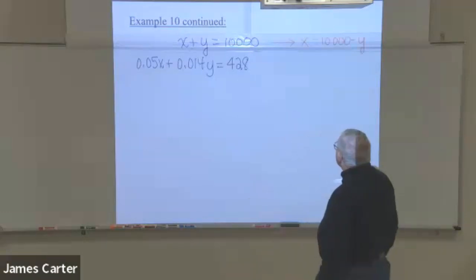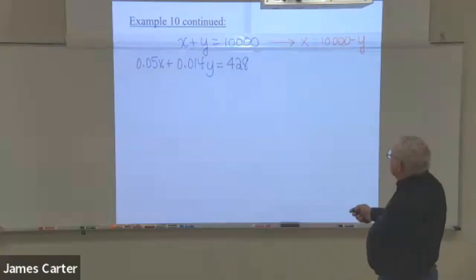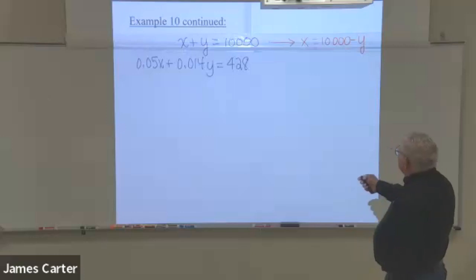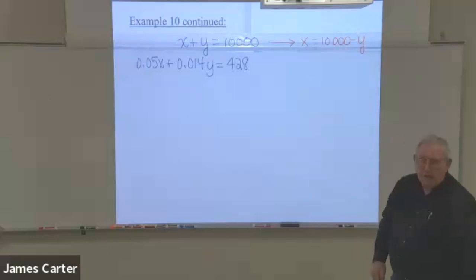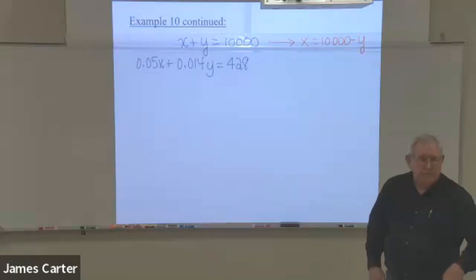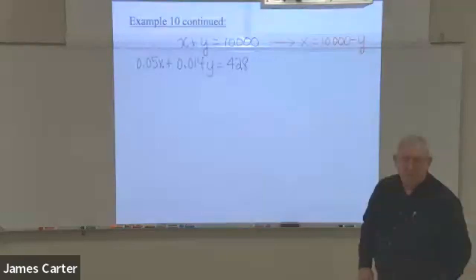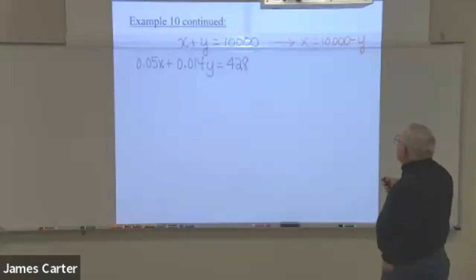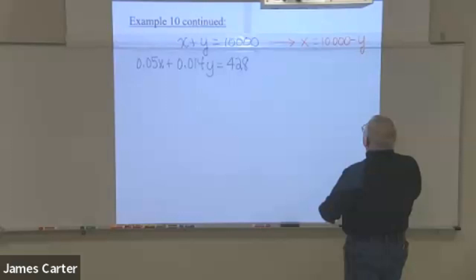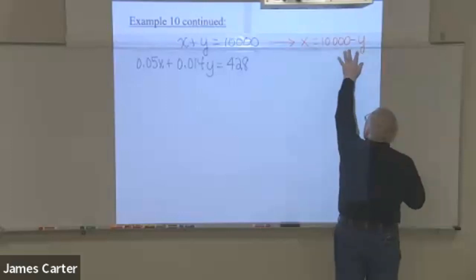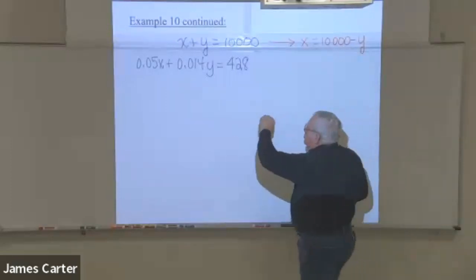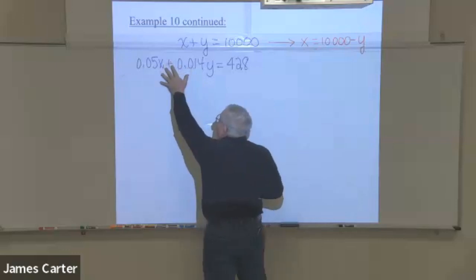In this case, I choose to isolate that x by moving the y to the other side. Now, this 10,000 minus y becomes the substitution value in that equation.